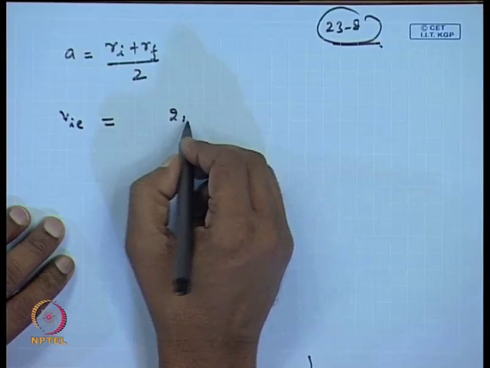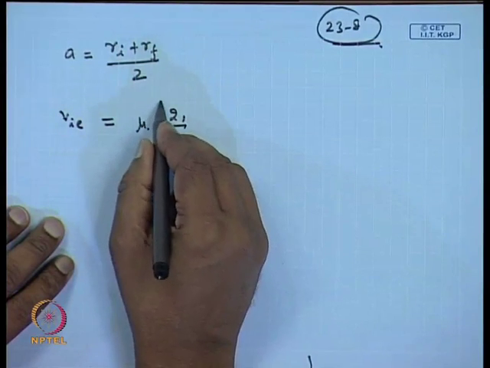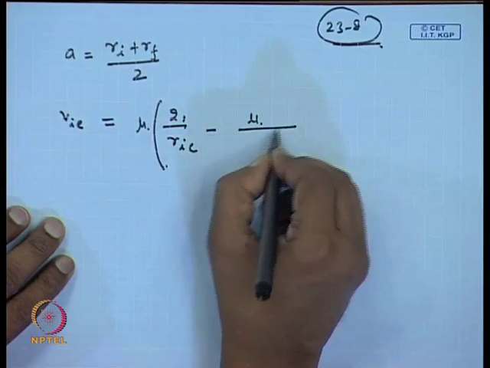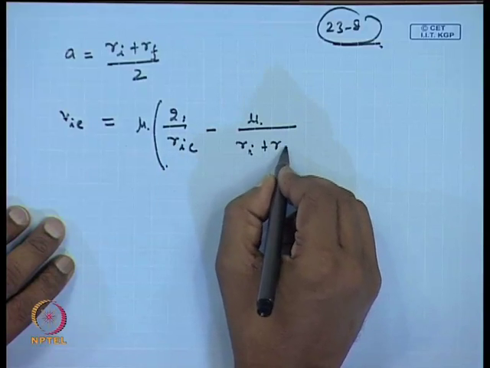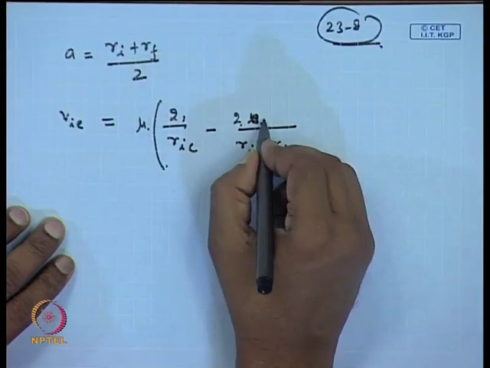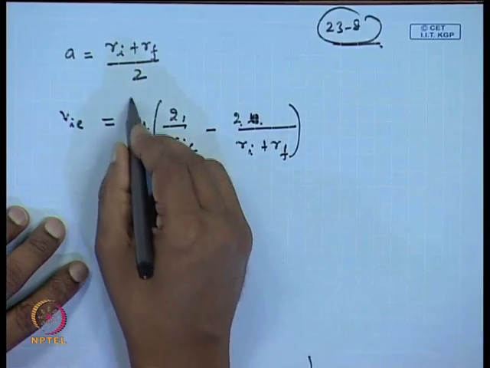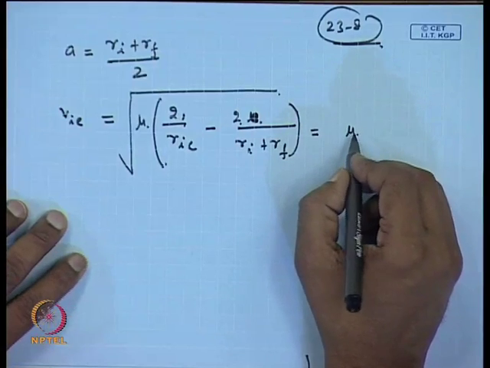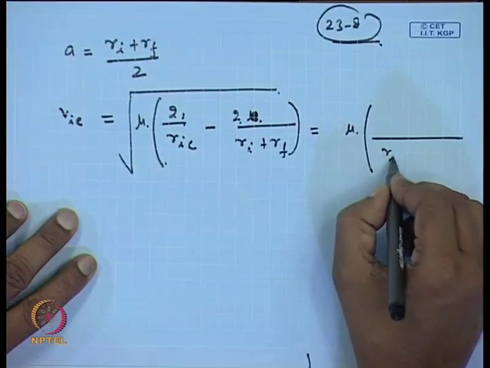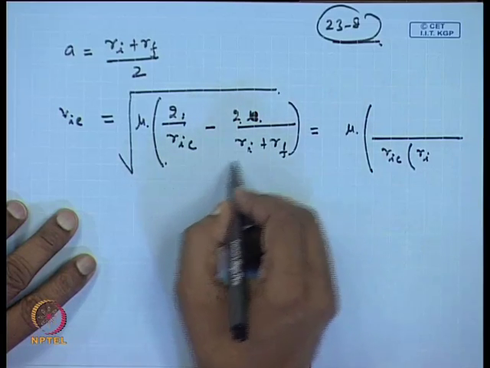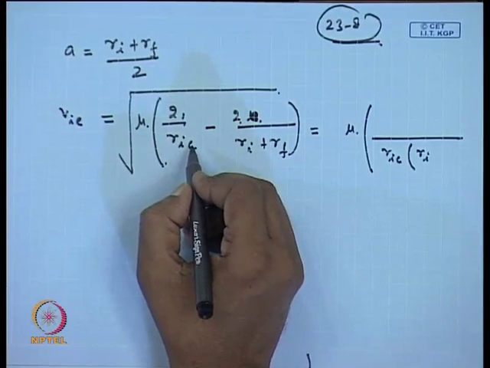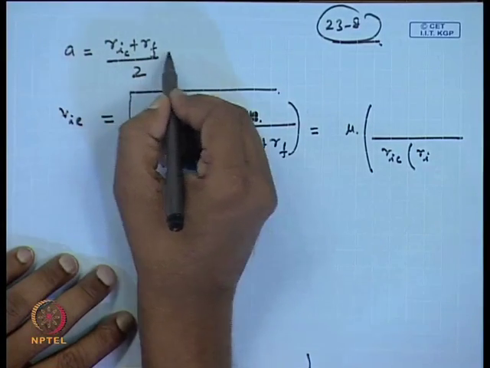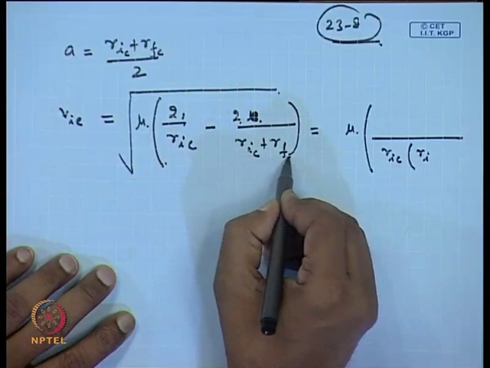square root of mu, which we can take outside, times 2 by r_IC minus 1 by (r_I plus r_f). Mu we have taken outside, and this is a square root. We have put the c to indicate the radius of the circular orbit, so we can put c here and here also.